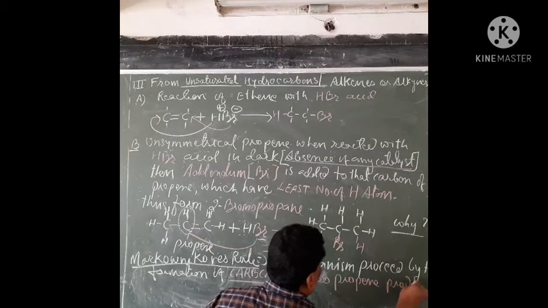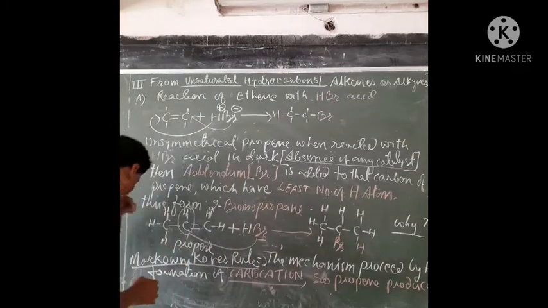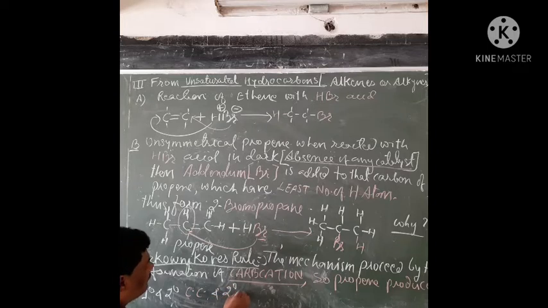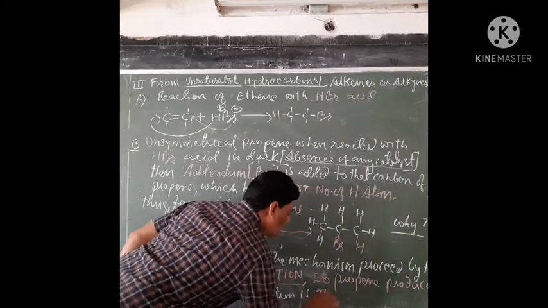So propene produces 1 degree and 2 degree carbocation. And the 2 degree carbocation is more stable.